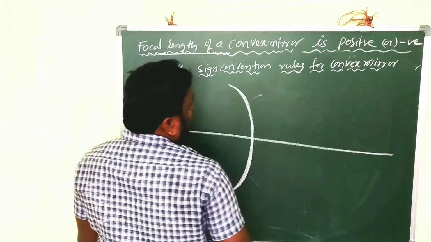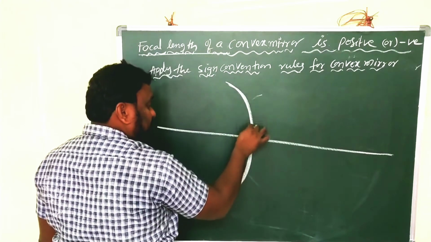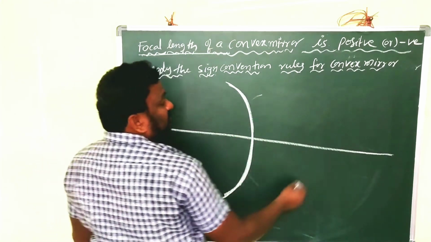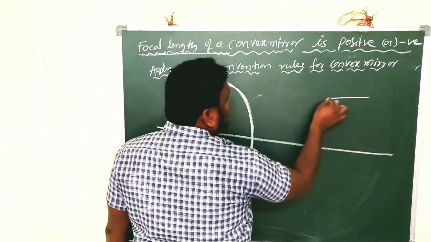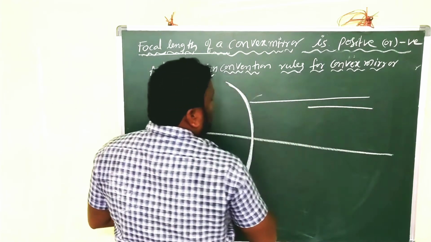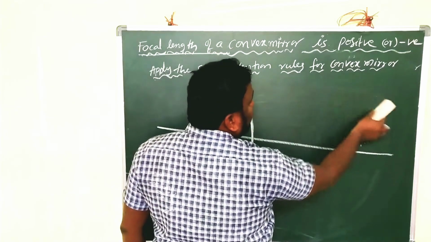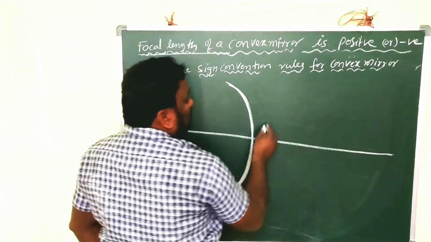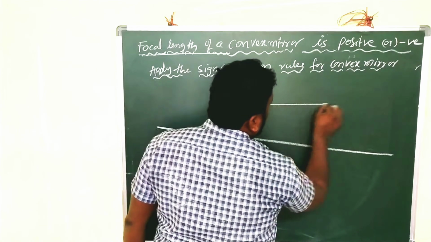So children, this is the convex mirror. The light is coming from a long distance, from infinite distance, so it seems to be a parallel beam of light.